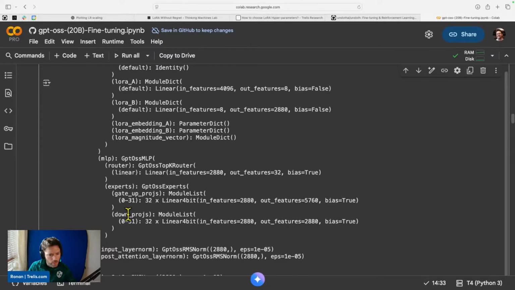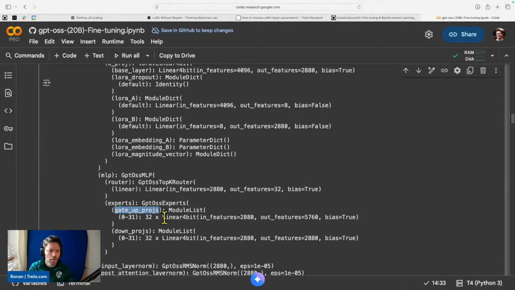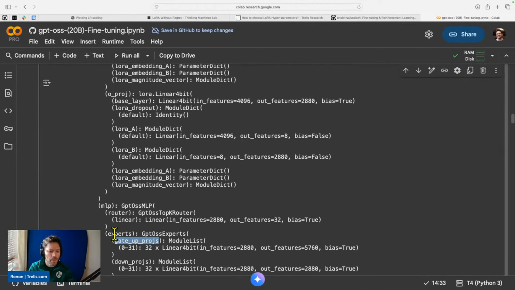So let's see if we can make this trainable. It may be because it's wrapped within experts, it's giving us a bit of grief. But, and by the way, if you try to apply get PEFT again, it's going to wrap the PEFT model in another PEFT model. So you don't want to do that.